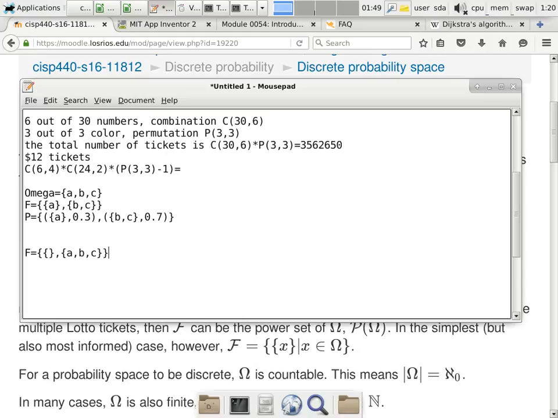Winning $60 is another subset, and so on. That's one way to partition it. You can also partition it as, what if I just want to know whether I win something or nothing? Then you only have 2 items in F: one being the subset of all the non-winning tickets, the other being all the winning tickets. But it all depends on what you're interested in. What are you trying to figure out? Is that okay?